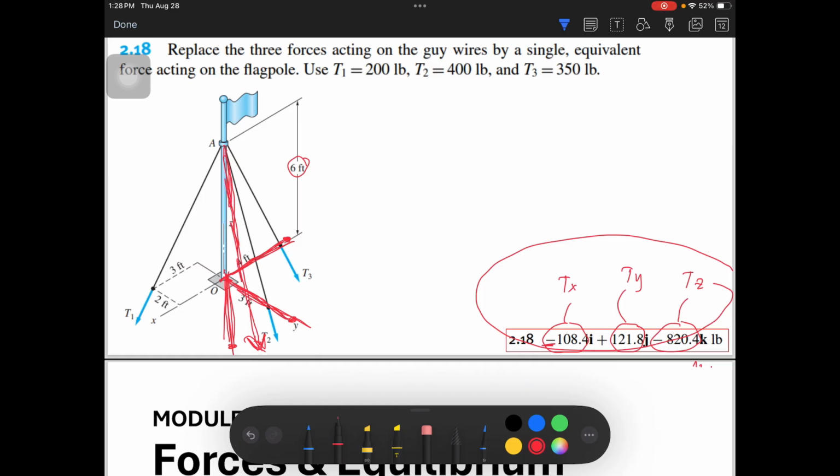Makuha itong resultant niyang ito, and that is by Pythagorean theorem. This time lang, tatlo ang kanyang axis. Sanay tayo sa dalawang axis lang, X and Y. Pero pwede rin siyang, ang Pythagorean, pwede mo rin siyang i-3 dimension.